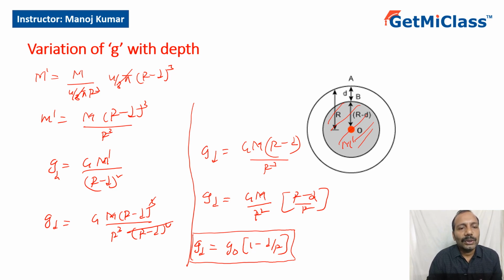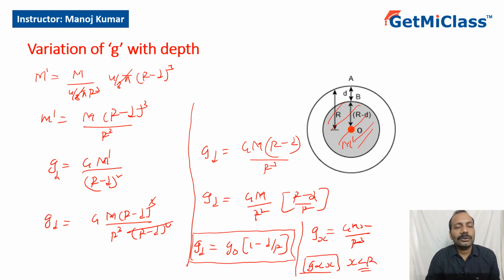So g at a distance x would be equal to GMx by R cube, or g is directly proportional to x. This is under the condition when x is less than R. This is how acceleration due to gravity varies with depth, and this expression is valid for every value because we have not taken any approximation. The only assumption we have made is that the density of Earth is more or less constant.